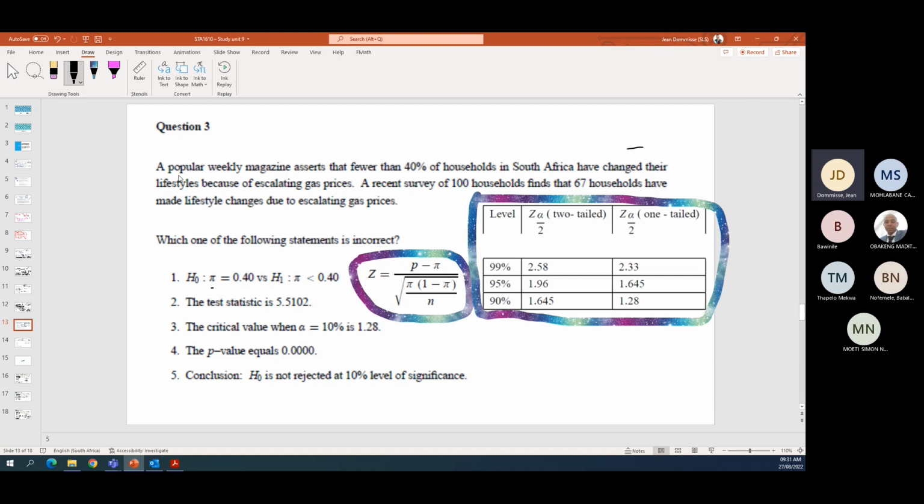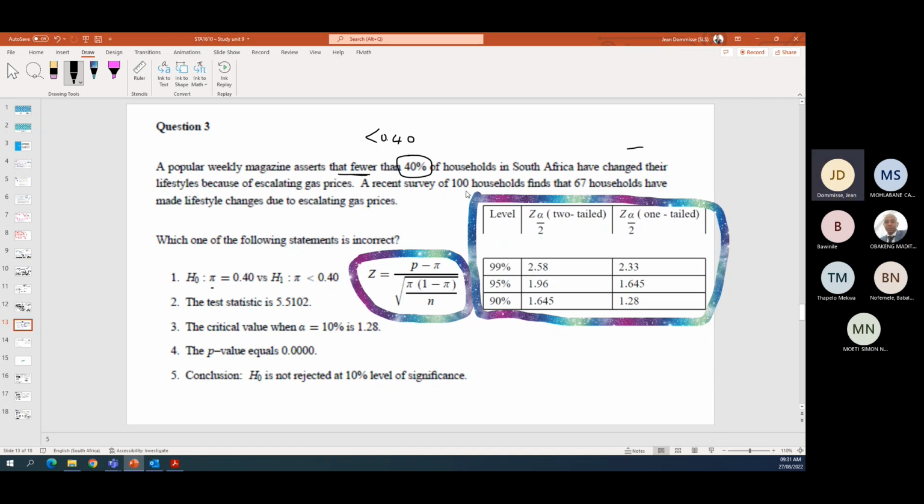Okay, so a popular weekly magazine asserts that fewer than 40, okay, fewer than 40. So I think again important, fewer than is less than, of households in South Africa have changed their lifestyle because of escalating gas prices.